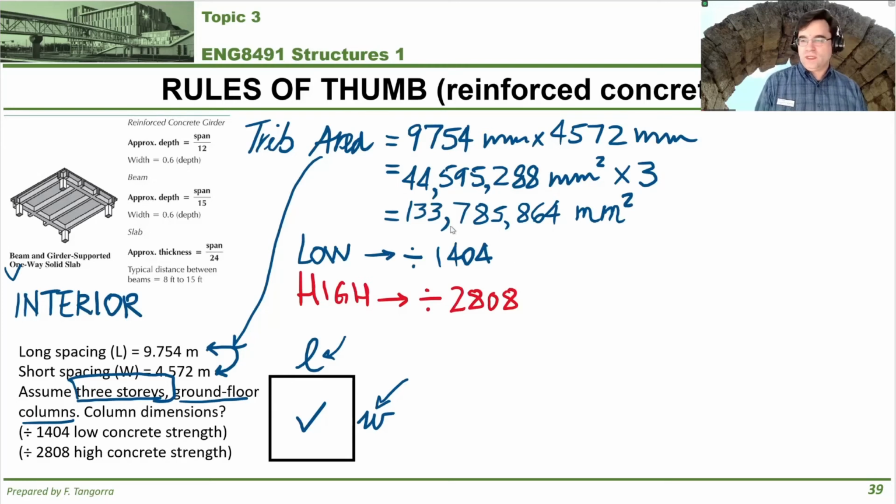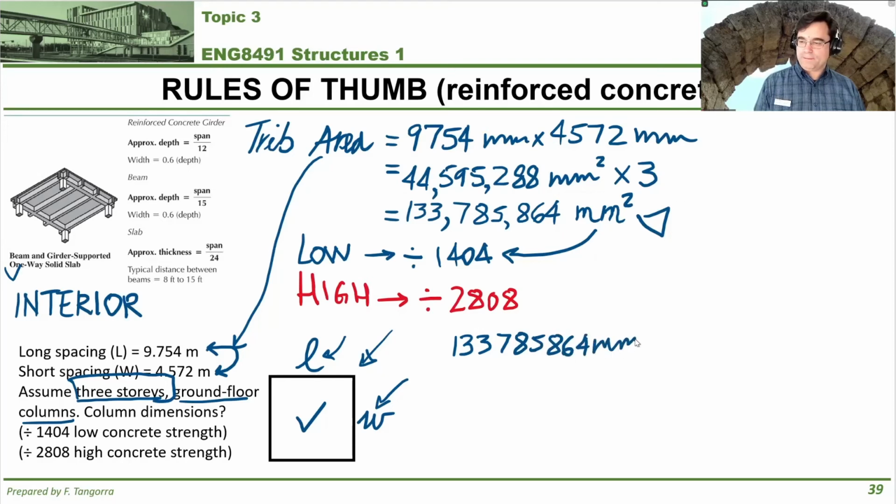Let's assume that we're going to do this column using low strength concrete. So we want to take this total tributary area for all 3 stories, 133,785,864 millimeters squared, and divide it by 1,404. When I do that, best 2 out of 3, what do I get?